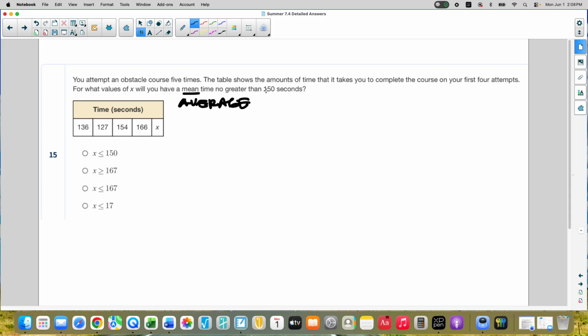So you have your 5 attempts: attempt 1, attempt 2, attempt 3, attempt 4, and attempt 5. We're going to average those, and it must be no greater than 150 seconds. So that average must be less than or equal to 150 seconds.